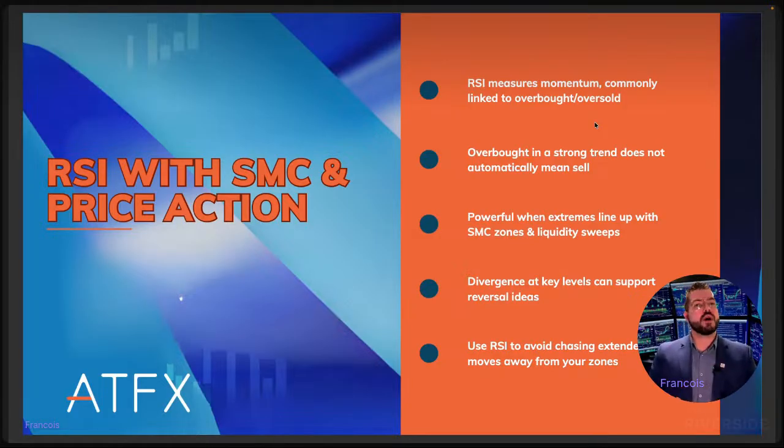Why? Because it oscillates between 100 and 0. Within this, it's often associated with identifying overbought and oversold levels. Commonly, overbought is above 70 and oversold is below 30.